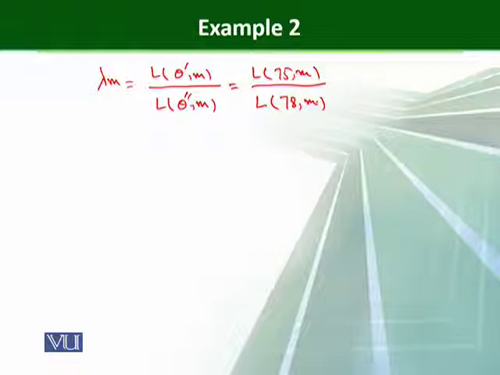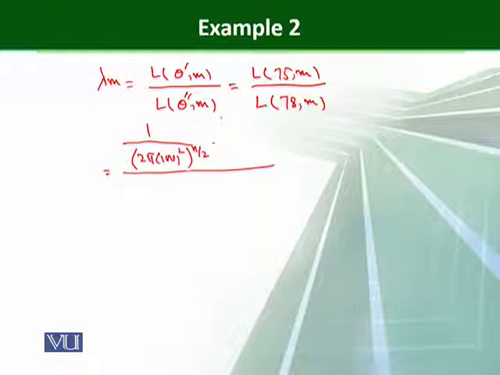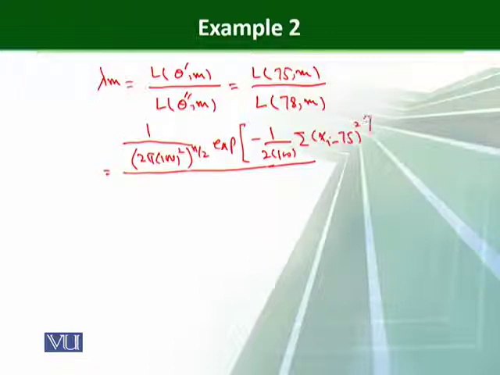Now we write down their respective likelihoods. Because the distribution is normal, that is actually 1 over 2 pi into sigma square, which is 100, the whole raised to power n over 2, into exponential minus 1 over 2 into 100 sum xi minus 75 square, divided by the likelihood based on the alternative hypothesis.